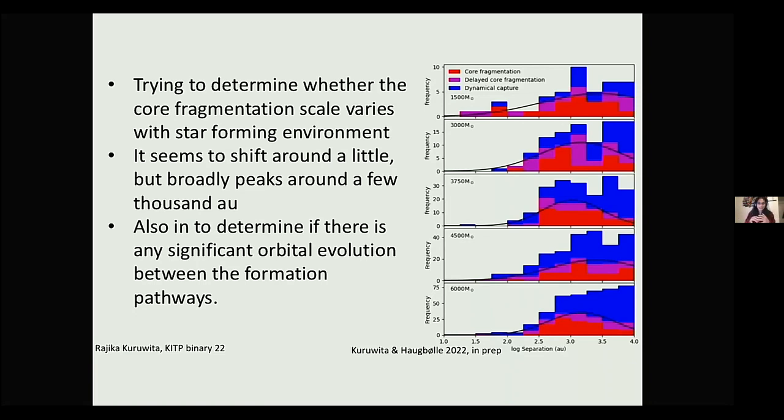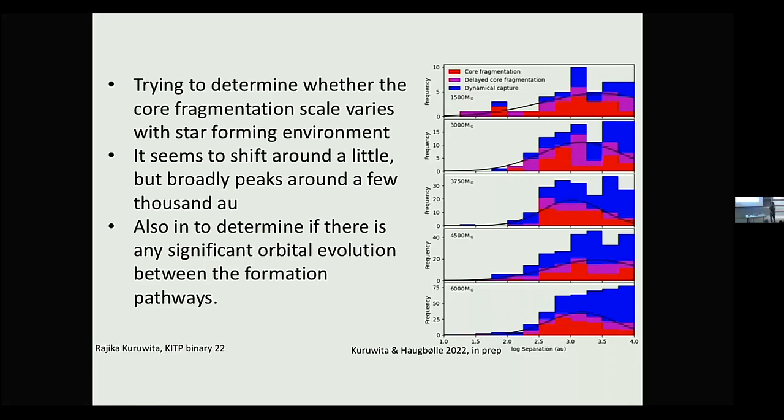We're trying not to resolve disk fragmentation and only look at core fragmentation and other pathways, just to see how core fragmentation contributes to the multiplicity statistics of protostars. Thank you. Some of my systems do evolve down to those closer separations.